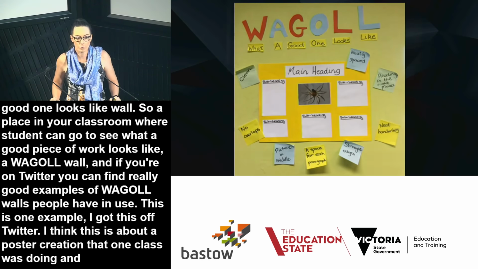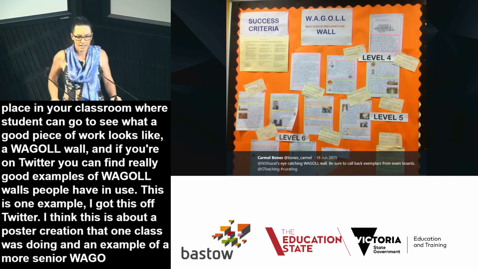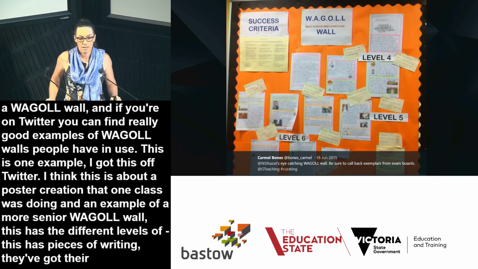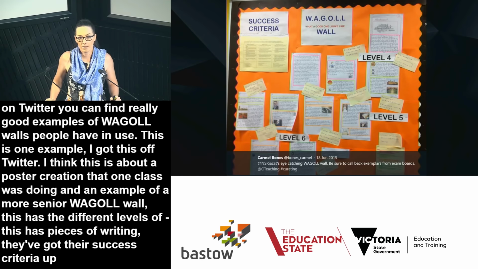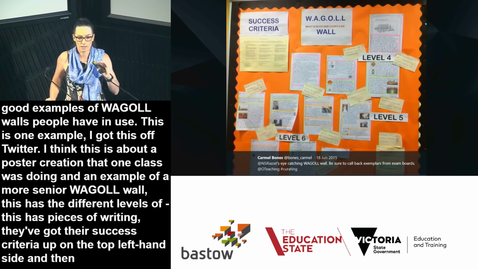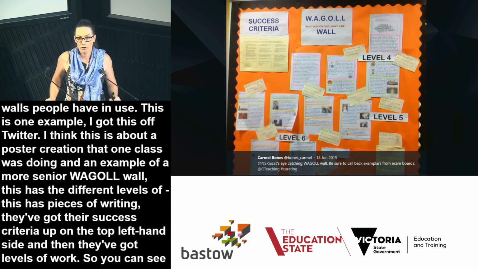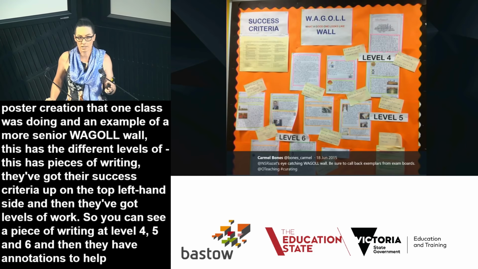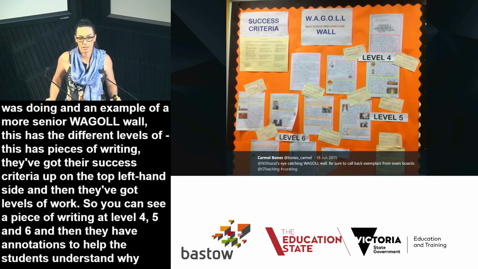And an example of a more senior waggle wall. This has the different levels of, they have pieces of writing, they've got their success criteria up in the top left-hand side, and then they've got levels of work. So you can see that a piece of writing at level 4, 5 and 6, and then they have annotations to help the students understand why the piece of work is at that level.